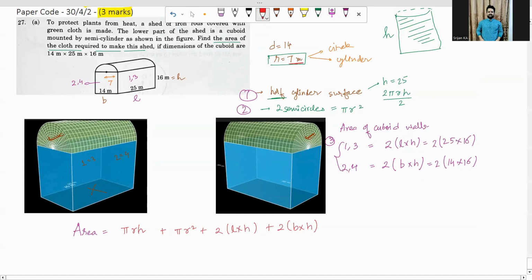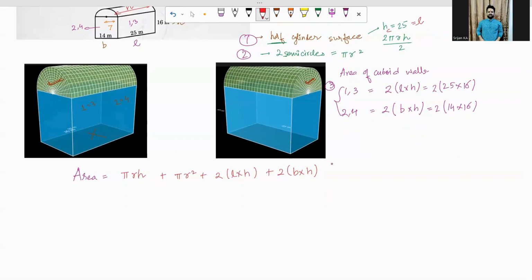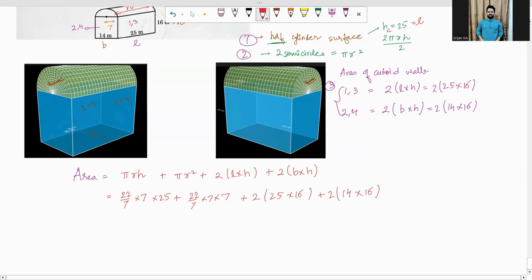The h of the cylinder is the same as L, so h of the cylinder is equal to 25, equal to L. Let's use these values and solve it. So what do we get? 22 by 7 into 7 into 25 plus 22 by 7 into 7 into 7 plus 2 times 25 into 16 plus 2 times 14 into 16.